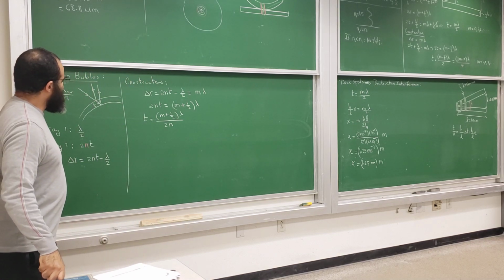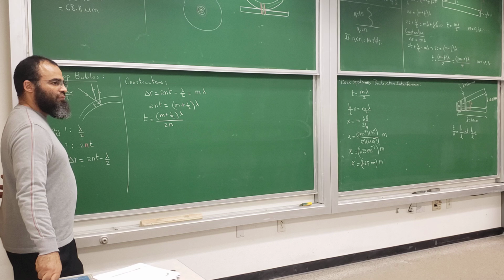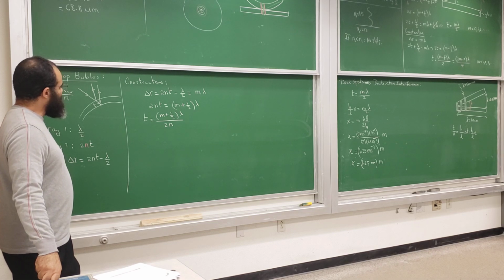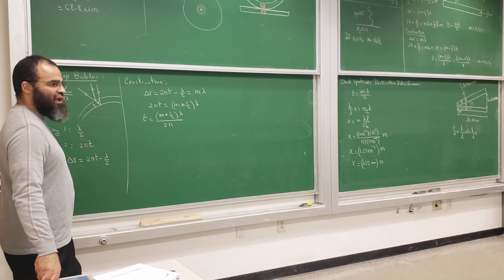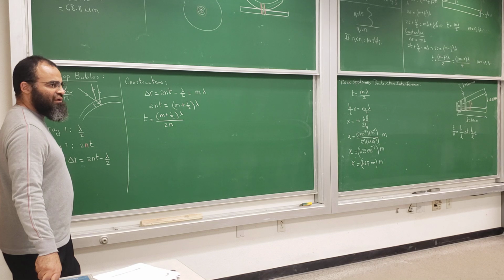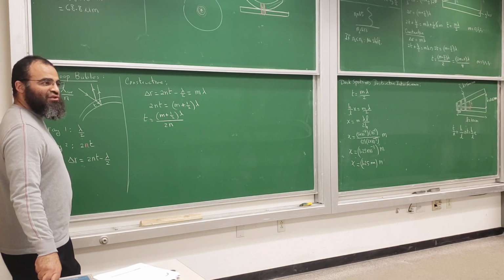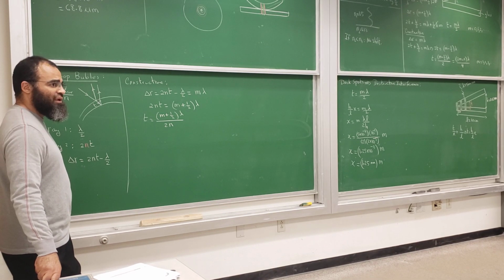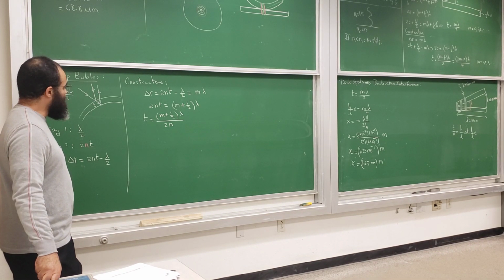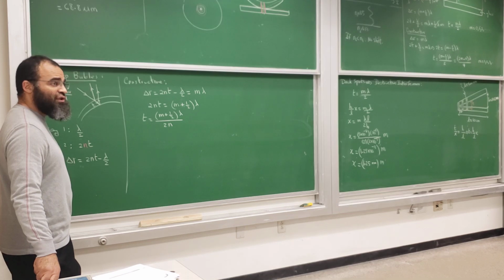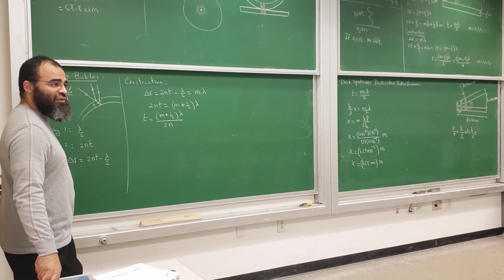Now, what should m be? Can m be, let's say, -1? No, right? Because -1 plus a half is minus a half, and so you get a negative number for the thickness. You can't. So m can start at 0. If m is 0, there is no problem, the thickness is still not negative. Does that make sense?